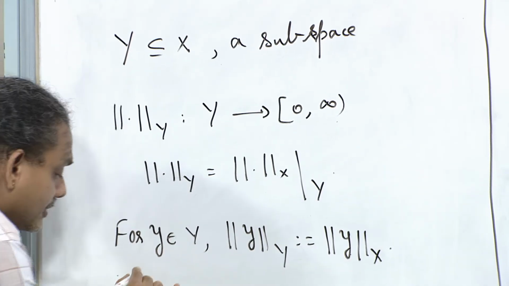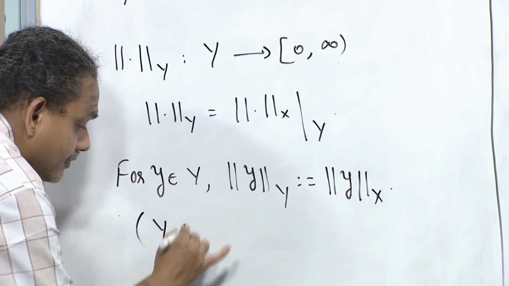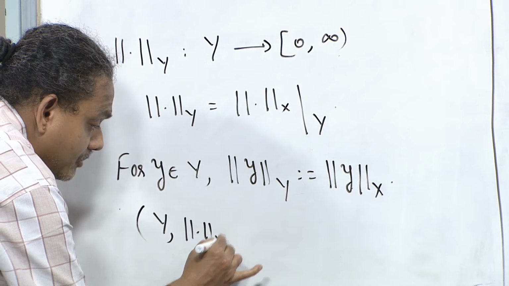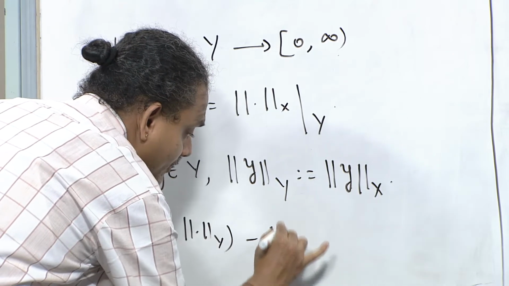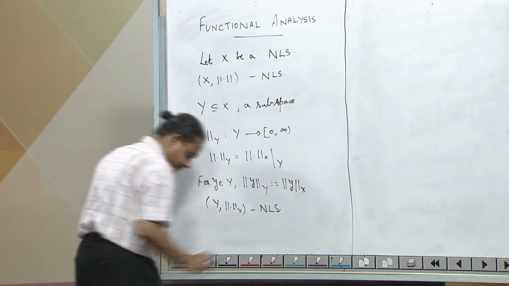Then this Y with respect to this norm is again going to be a normed linear space.